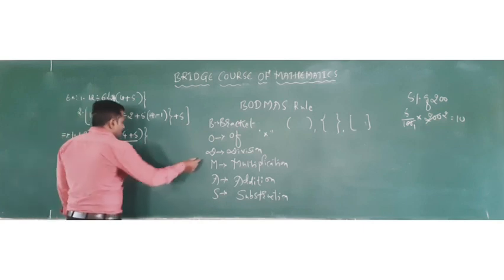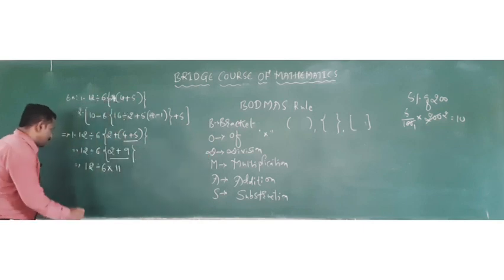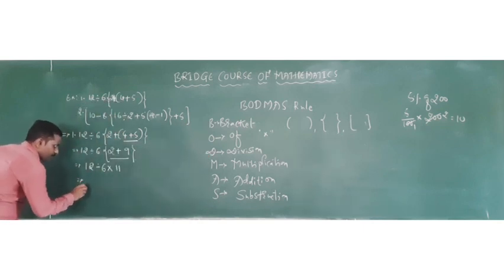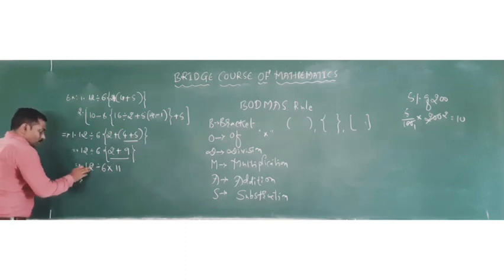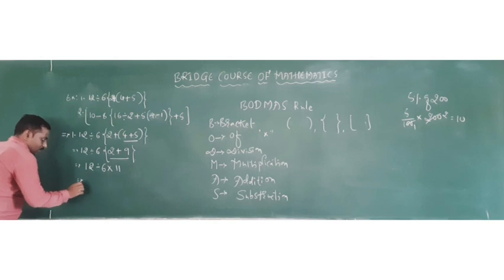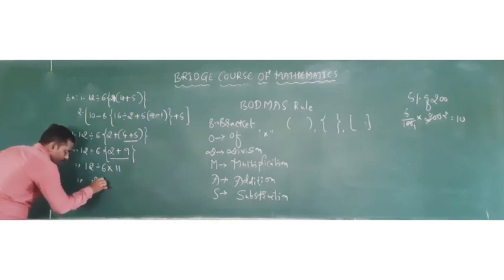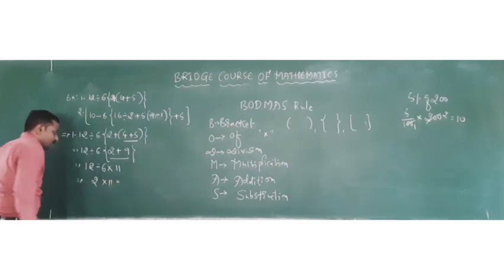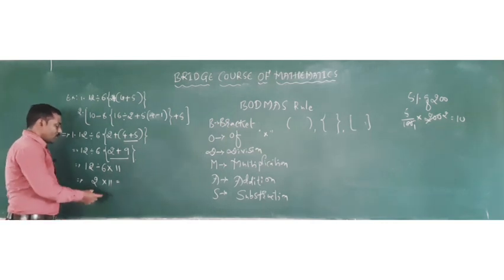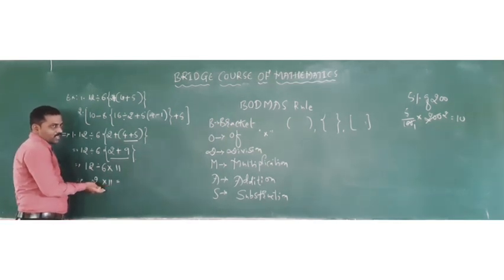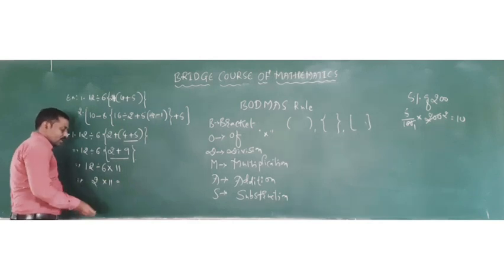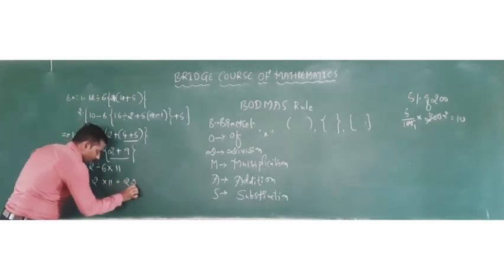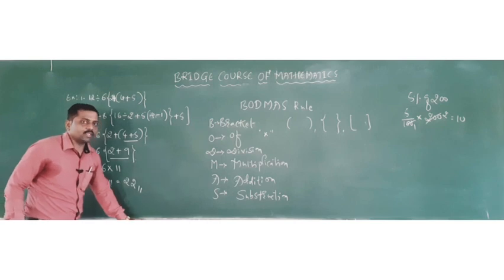Division. So the division operation, 12 divided by 6, what is the answer? That is 2 into 11. Then I go to multiplication. This is the last step, so simply multiply 2 into 11, that is 22. So this is the answer.